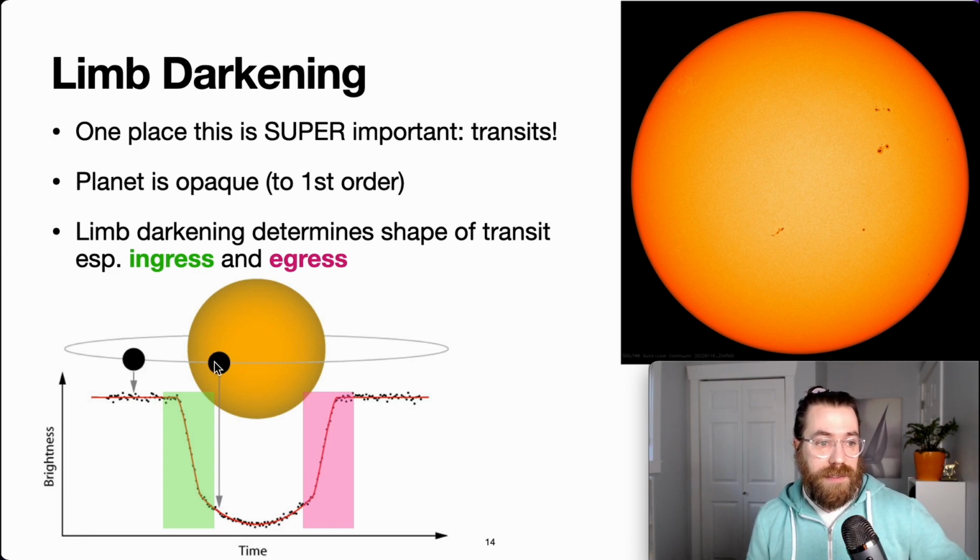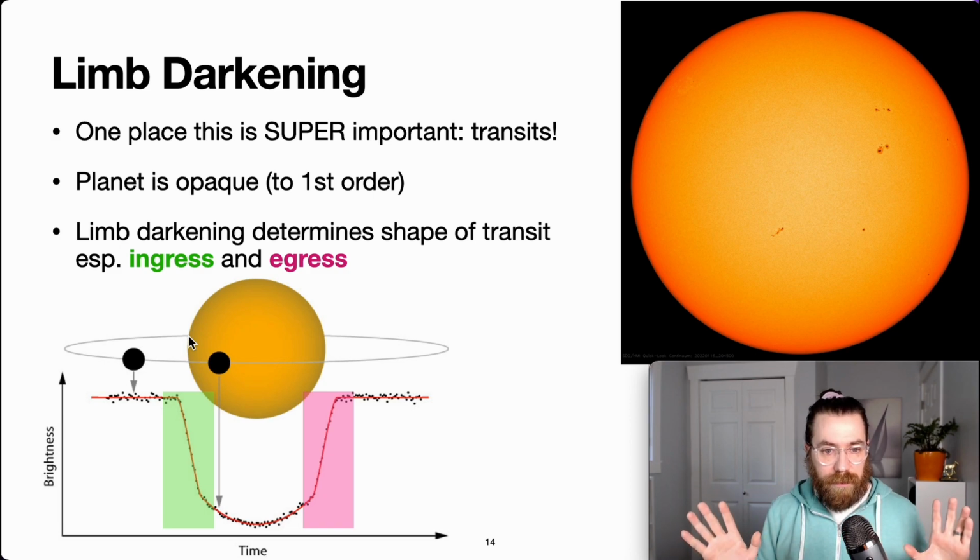And as it does, it blocks. This is like spherical geometry, a circle blocking a circle. The amount of light that it blocks is due to the area of this circle divided by the area of this circle. Except the thing it's blocking is not a uniform surface brightness thing from our viewing angle or from the projection of the planet.